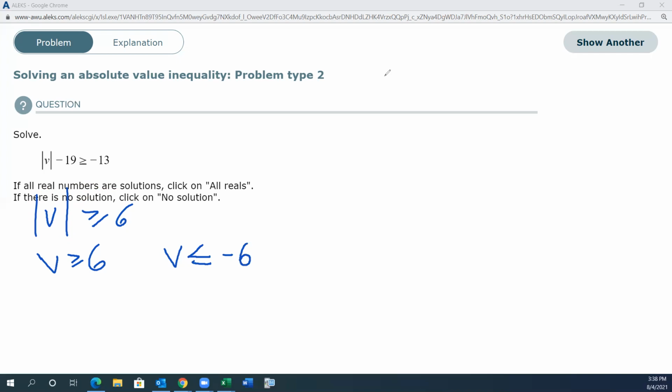We say, well, at this point, its absolute value is greater than, and greater than means we're going to do an "or." If it had been a less than, we would do an "and." That's how you figure it out. So we'll put an "or" right there.